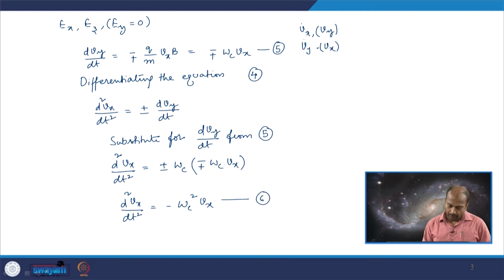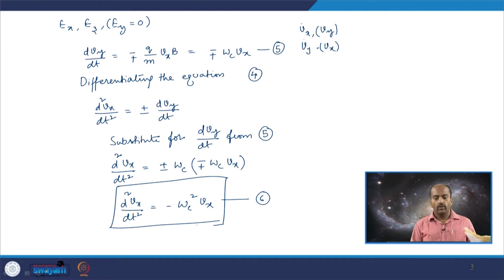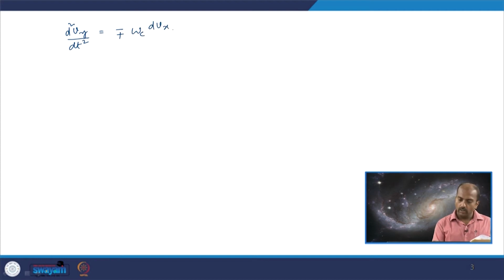So we have got a second order differential equation in Vx. We have removed the Vy term and replaced Vy in terms of Vx. Now similarly we can do the same approach for equation 5 as well, which we can write as d squared Vy/dt squared equals minus plus omega c dVx/dt.